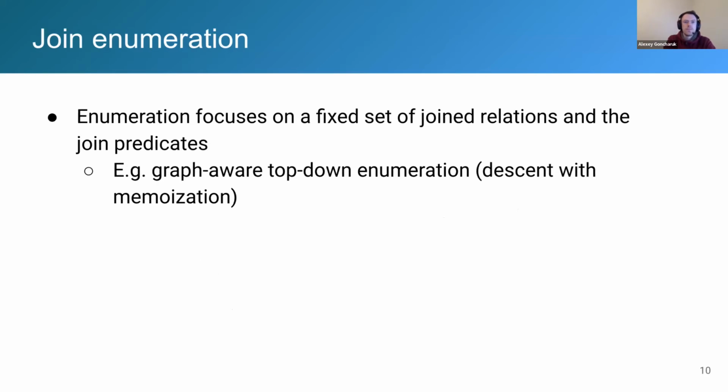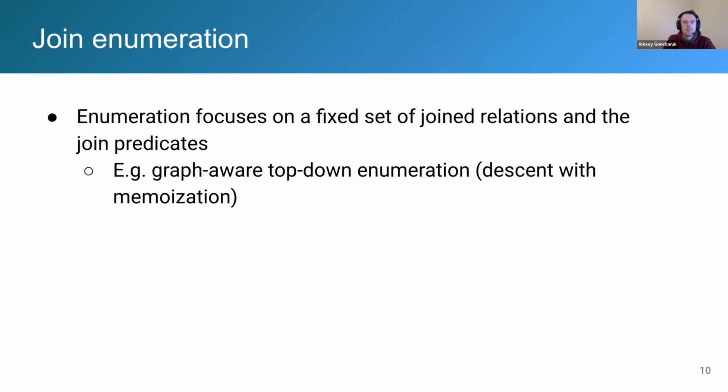Now that we have a join topology, so a set of relations that are being joined and the conditions, one of the things that many optimizers do is join order enumeration.